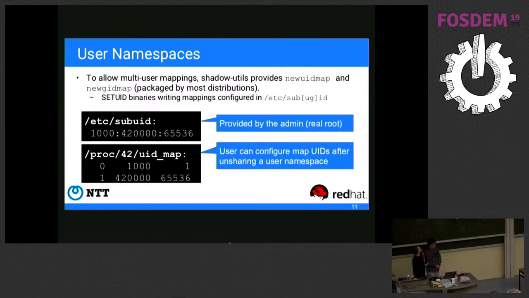So for user ID 1000, we allocate 65,000 additional users. When we create the user namespace, we can see that there are two ranges of users. The first one is the user itself, mapped to root inside of the user namespace, and then each additional ID specified in the configuration file is also added to the user namespace.